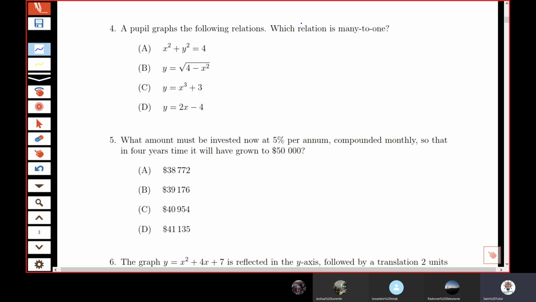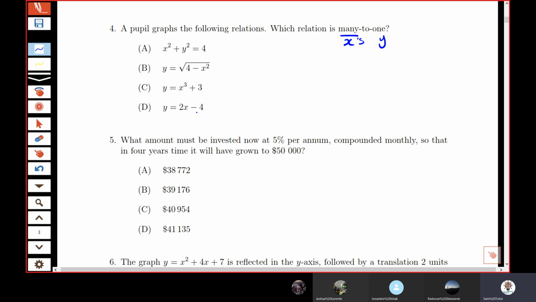Pupil graphs the following relations. Which relation is many to 1? Which is many x's to 1 y. That one? Yeah, I think I know the answer straight away.